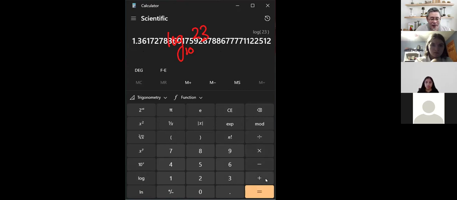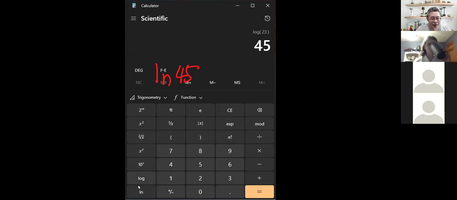And let's see, we clean this up. If we want to do, say, the natural log of 45, you can just type 45 and then take the natural log.